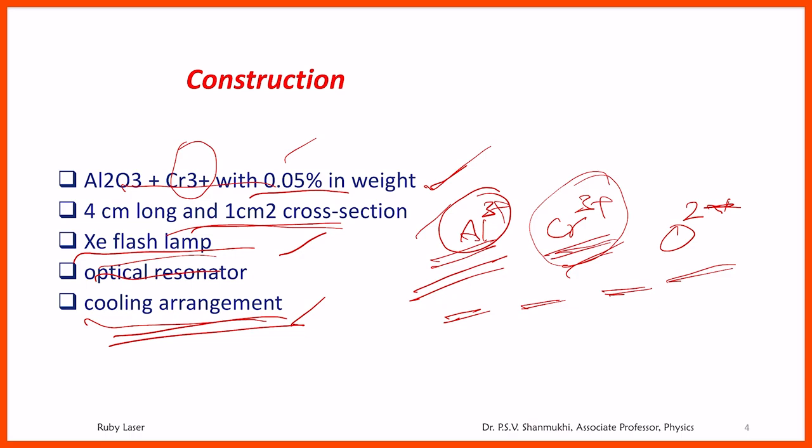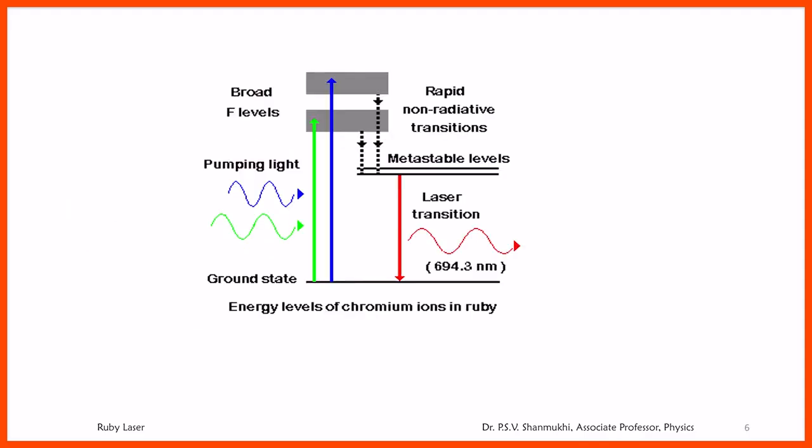Chromium ions are the active centers, so the active medium here is chromium. Initially the chromium ions lie in the ground state. They absorb the energy from the xenon flash lamp. The pumping input, that means light photon energy, is absorbed by the chromium ions, and they go to the higher energy states.